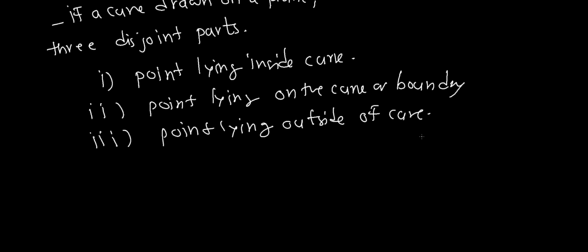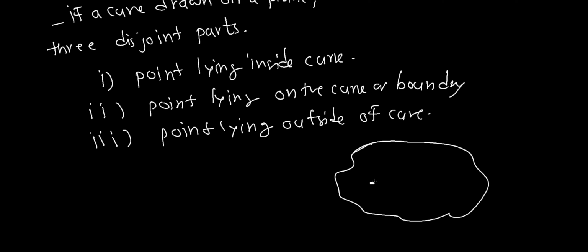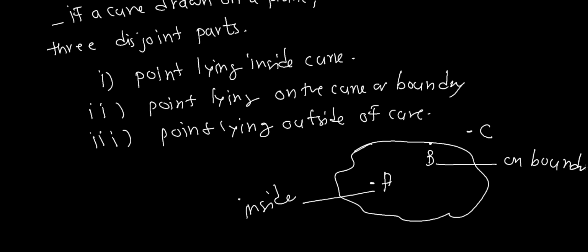So let's say we draw a curve like this, and let's say these are points A, B and C. Point A lies inside of the curve, B lies on the boundary or on the curve, and C lies outside of the curve. We are just looking at these terms related to curves.